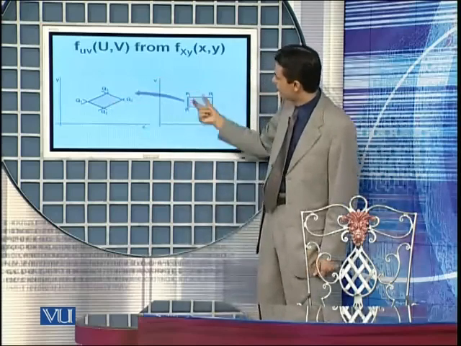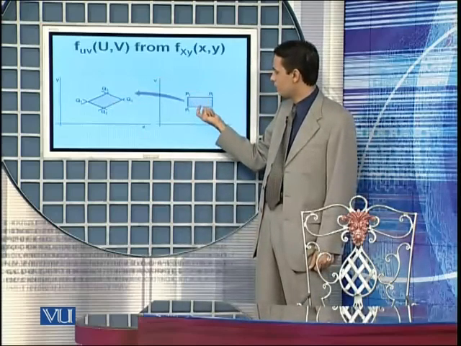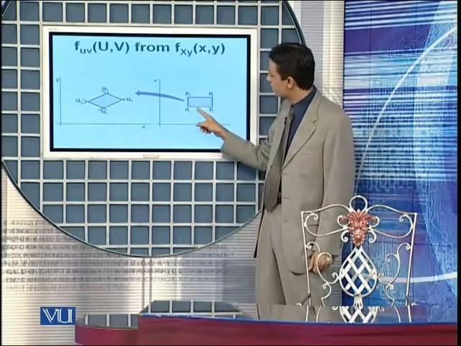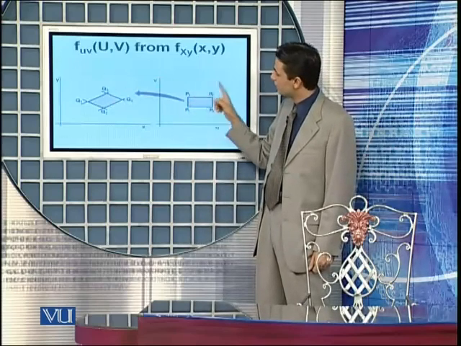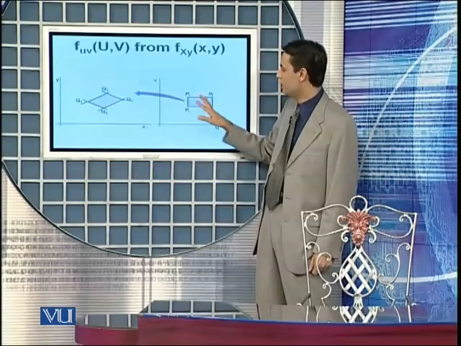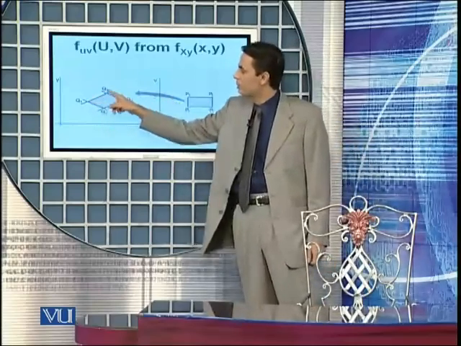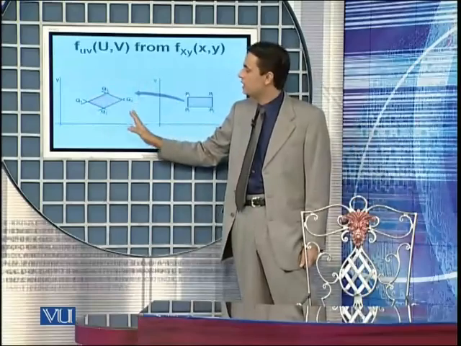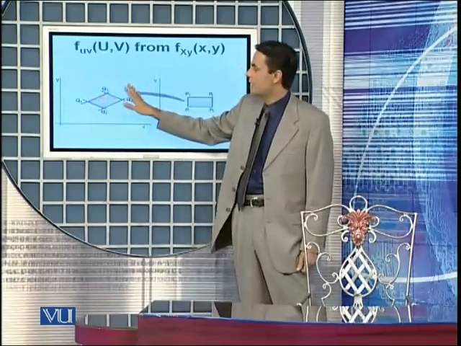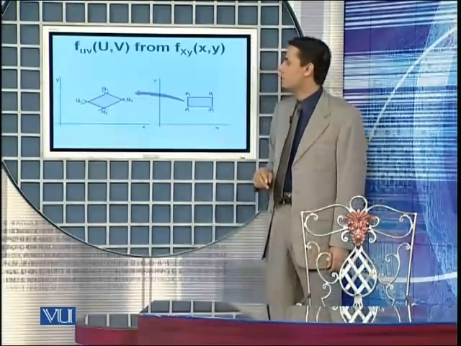If dv and du are much smaller than 1, and during this rectangular region the joint PDF of u and v remains flat, so is the case here. Over this parallelogram region, the joint PDF of x and y remains flat. It does not change much.